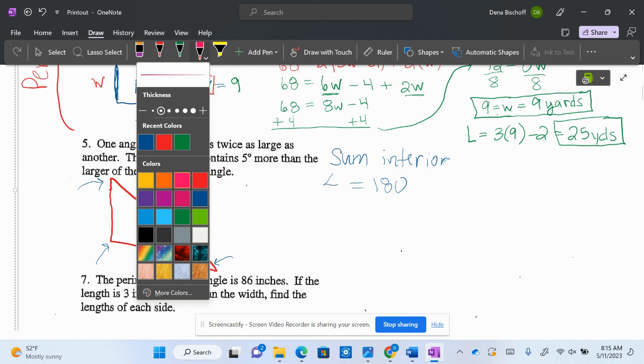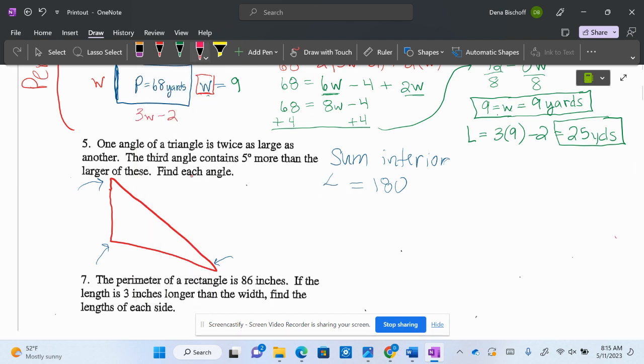So let's just label these. It says one angle is twice as large as another. So let's just start with calling one of them X. We just need to start with something being X. So I'm going to call this little guy right down here X. And I'll put it on the outside too so you can see it. That angle is X. So another angle is twice as large. How do I show something that's twice as large as X?